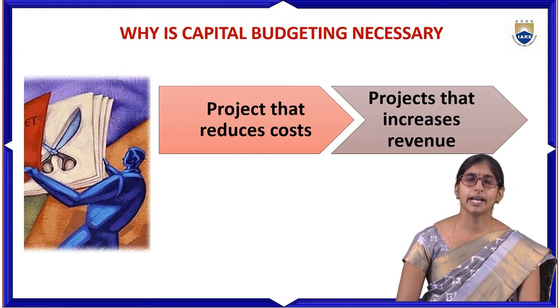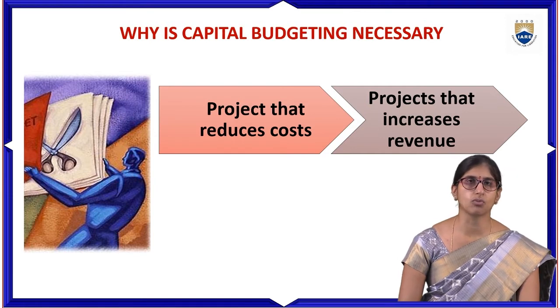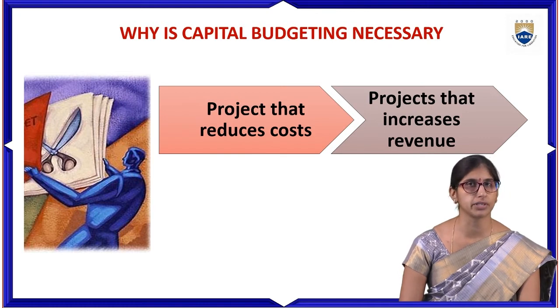Here it is easy to estimate the cost of the project, how much expense is required to do that particular project, and how much revenue is going to be generated.